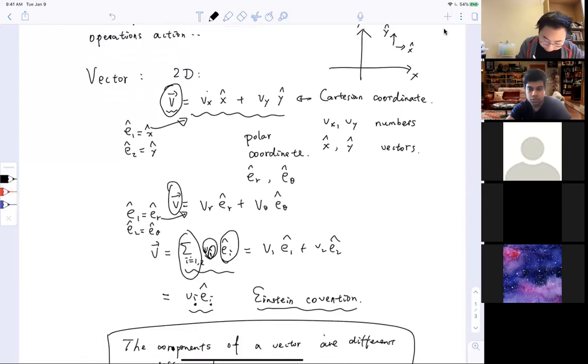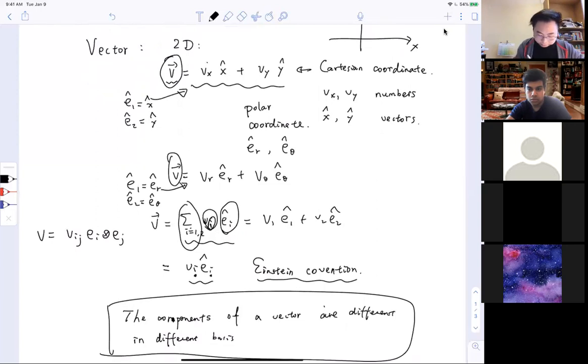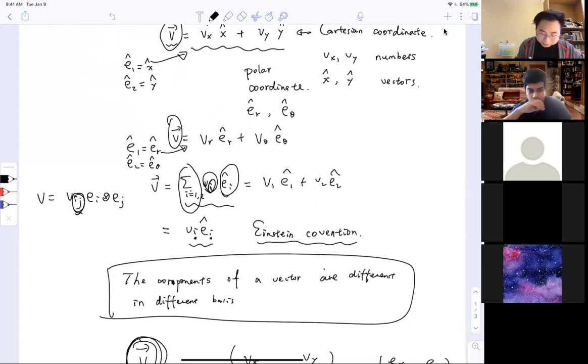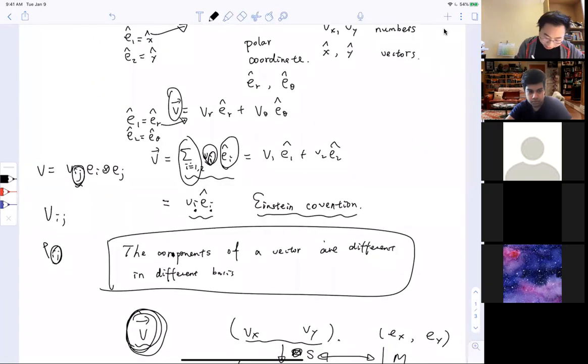For a tensor, generally speaking, if I have a tensor V, then it's V_ij, e_i tensor product e_j, something like that. You have 2 indices. Generally you see a tensor looks like this, V_ij or rho_ij, you have two indices. And of course, you can have more and more indices, i, j, k, l, whatever.